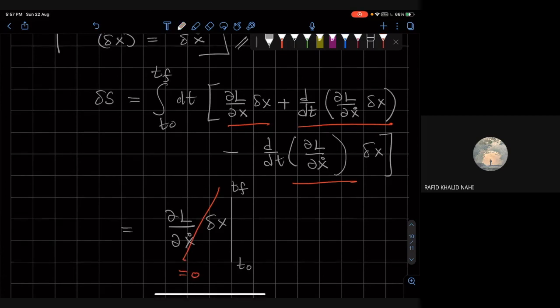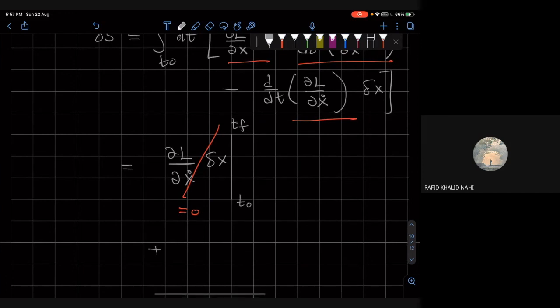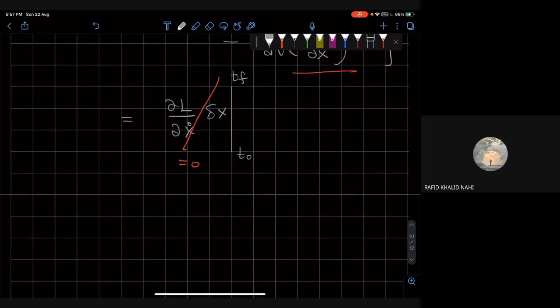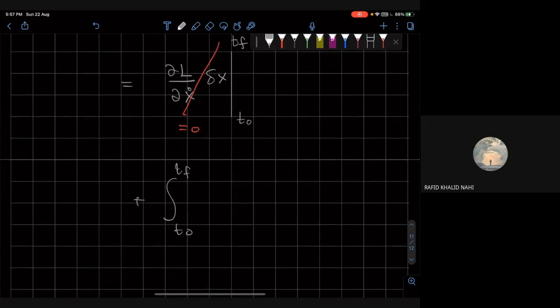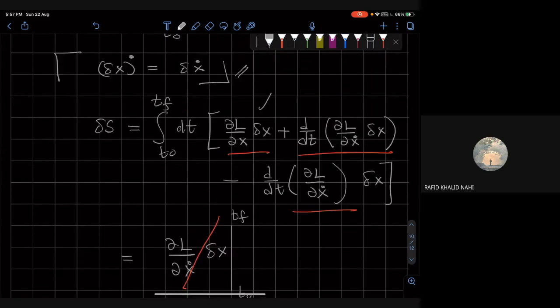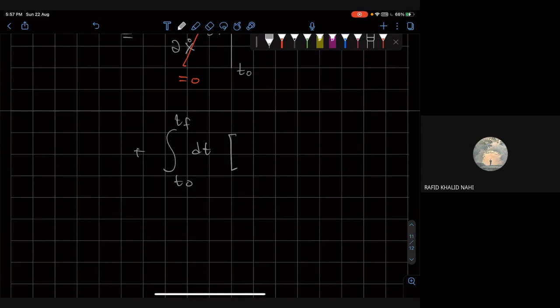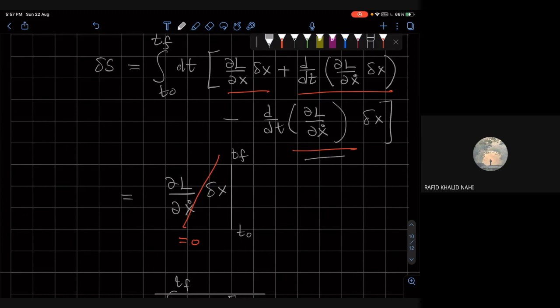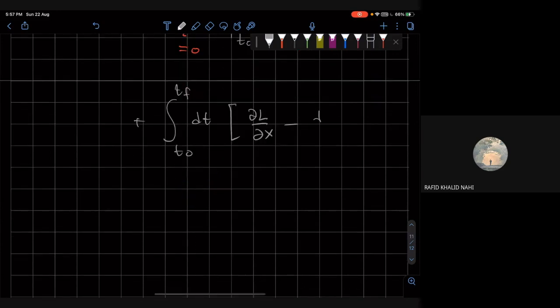So we are left with plus the integral from t0 to tf, dt, of this term: partial L by partial x, and then this term, which is minus d by dt of partial L by partial x dot, and I'm factoring out the delta x from both of these terms.